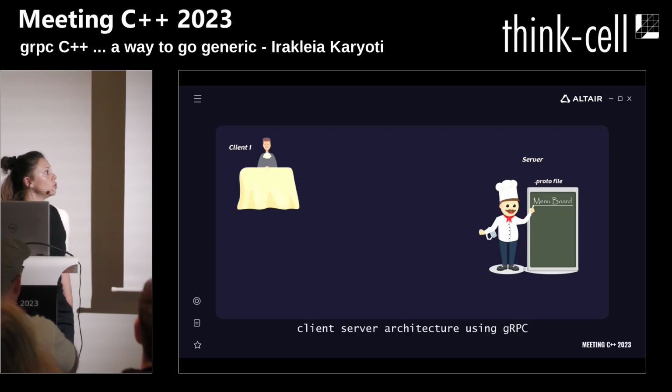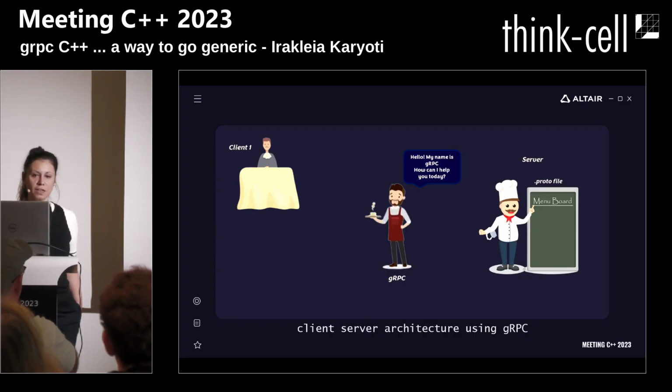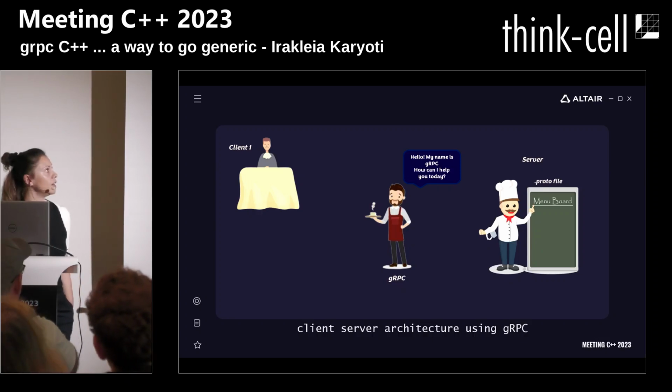So on the left, we also have one client. And when the client comes in, he would like to make a request to the server. Now this is where gRPC fits in. So gRPC will be available for the client to make an order.